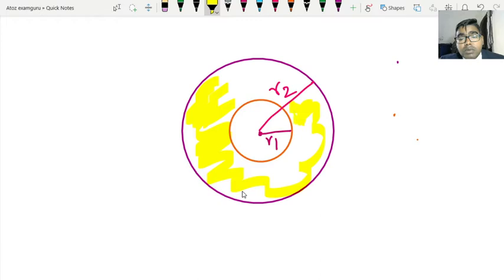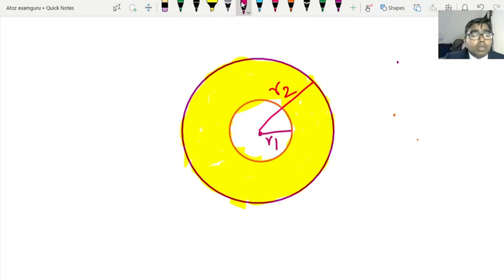How will you find its area? Simply, you have to find the area of the larger circle, then subtract the area of the smaller circle, and this will give this region. So now start the calculation, right friends?